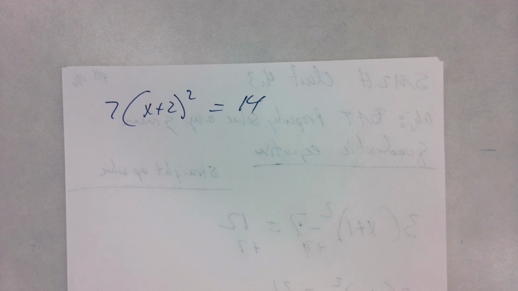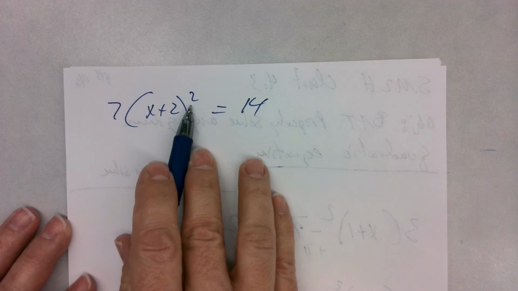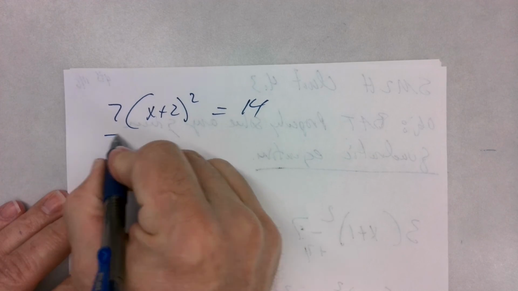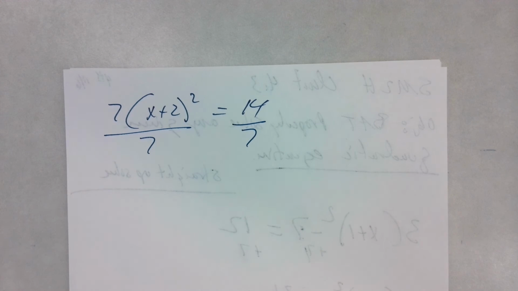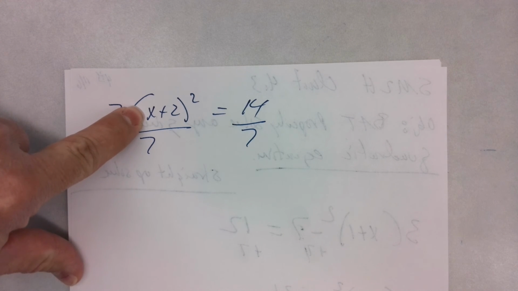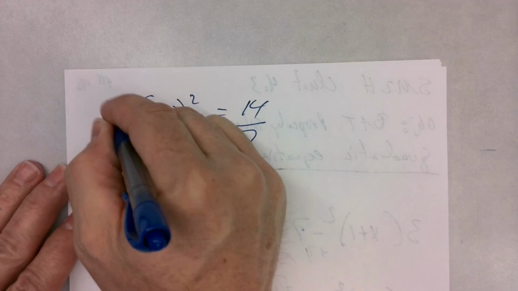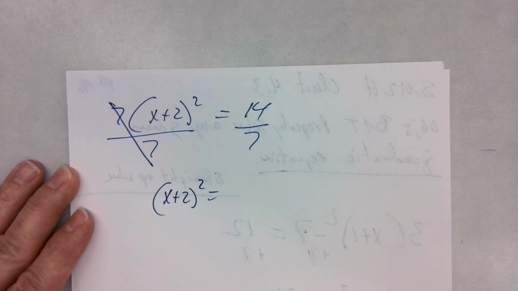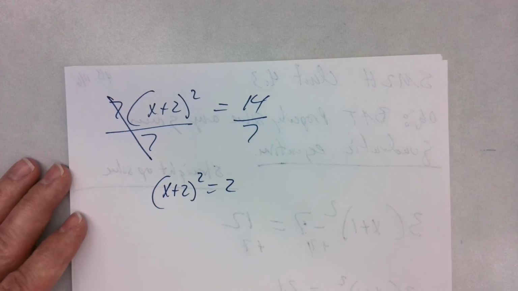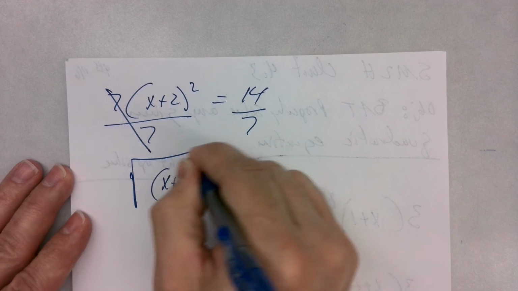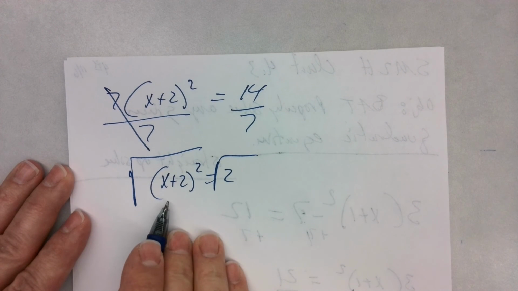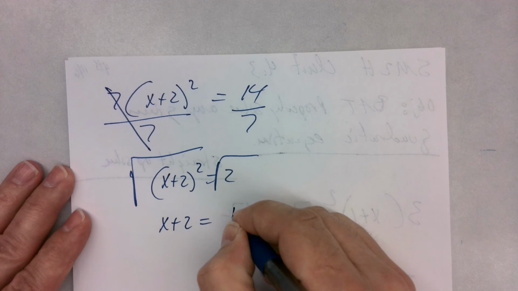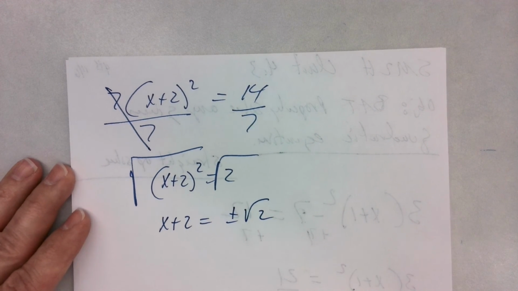I don't have anything to add or subtract, so I'm going to go right to dividing by 7. Because remember, I'm trying to get my x where? By itself, right? These are going to reduce out. I'm going to get (x plus 2) squared equals 2, right? Then what am I going to do? Square root both sides. I'm going to get just what? x plus 2. Over here I'm going to get plus or minus square root of 2. Okay, then what?